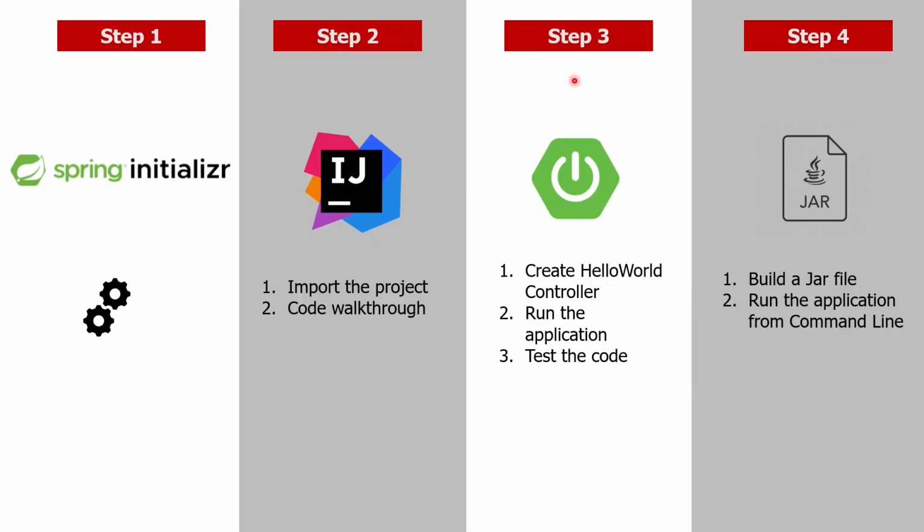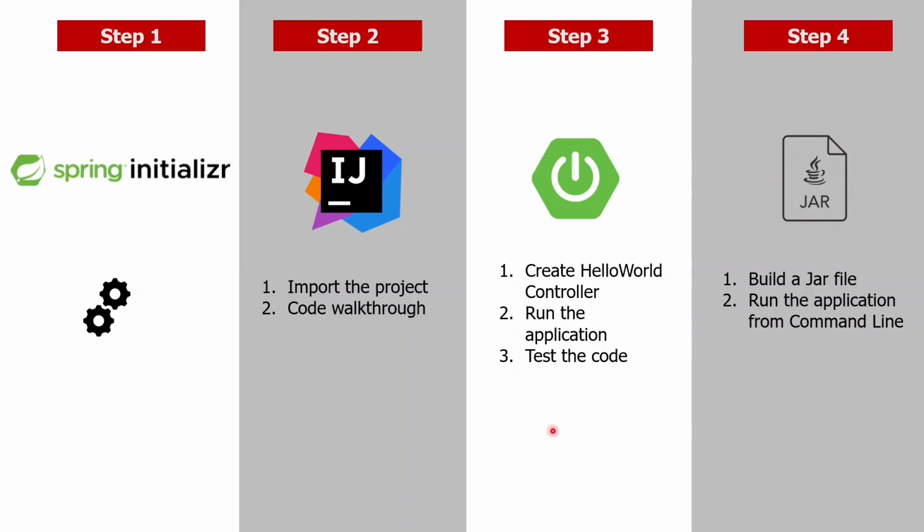Now, these are the steps that we are going to follow to build our Hello World application using Spring Boot. Step 1 will be to go to the Spring Initializr and download the base code that we are going to need. Then import that base code project into IntelliJ IDEA. Then I will walk you through the base code that we get by default.